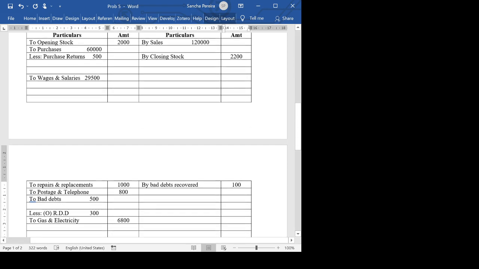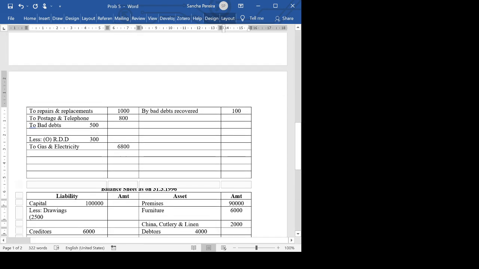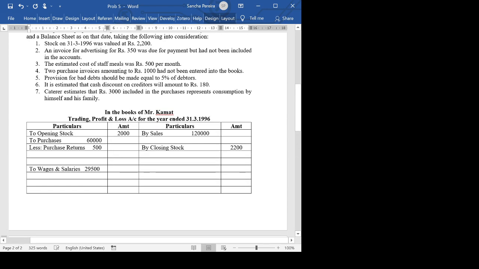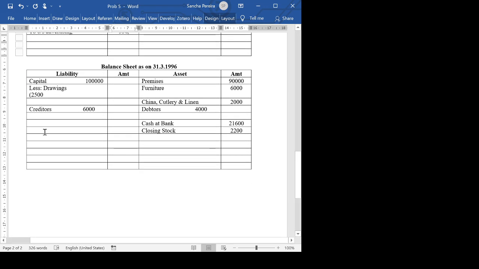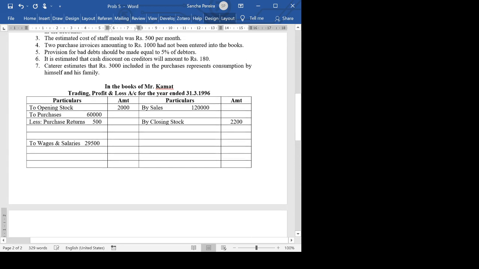This becomes outstanding advertising. So we don't have advertising here, so I will just show it as outstanding advertising, which is 350. Second effect in the balance sheet.